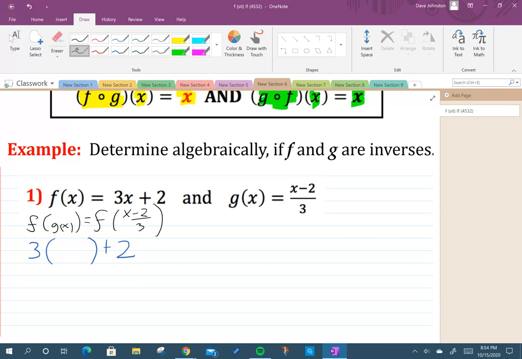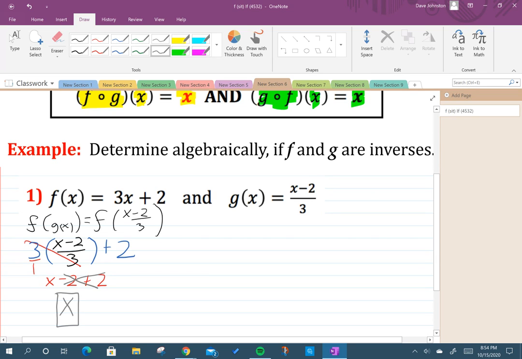Now let's plug in that g of x function and simplify. We've got 3 and 3, and those two cancel. So I'm now looking at x minus 2 plus 2. Plus 2 and minus 2 cancel each other out, and I end up with an answer of x.